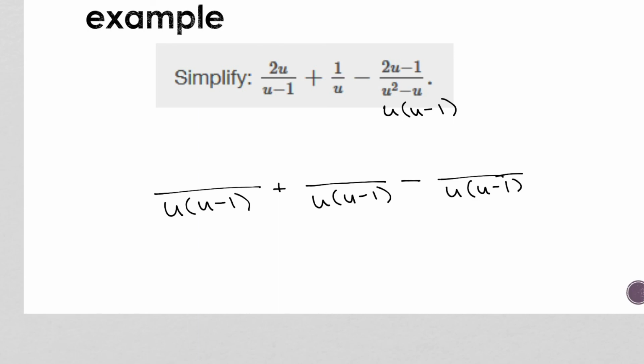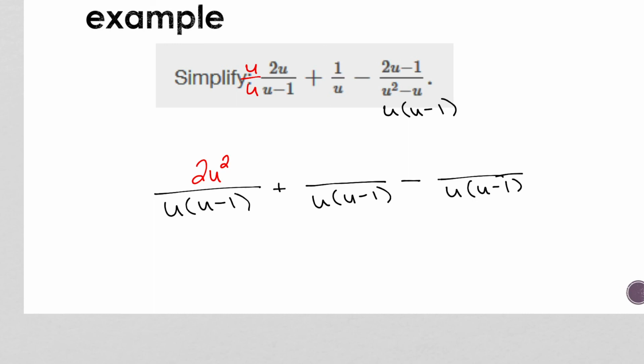Okay, now let's take a look at going from here to here. What am I missing? I'm missing u, right? Okay, so I want u over u, which would give me a 2u squared. From here to here, I'm missing the u minus 1.